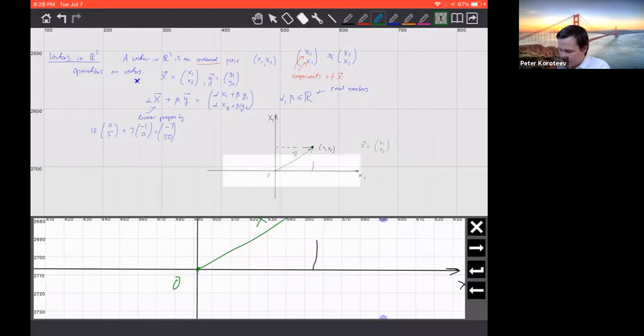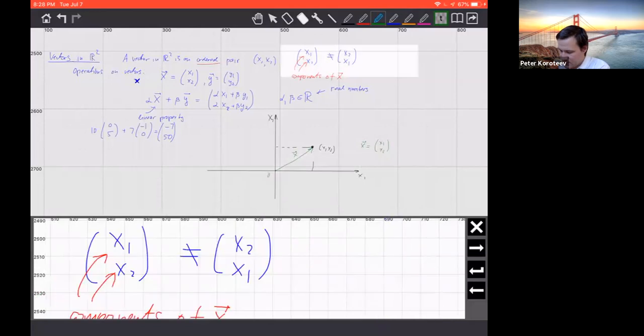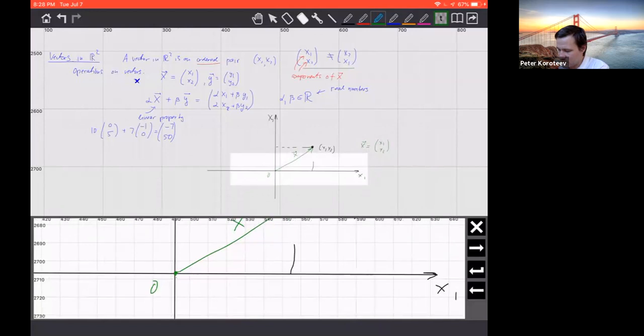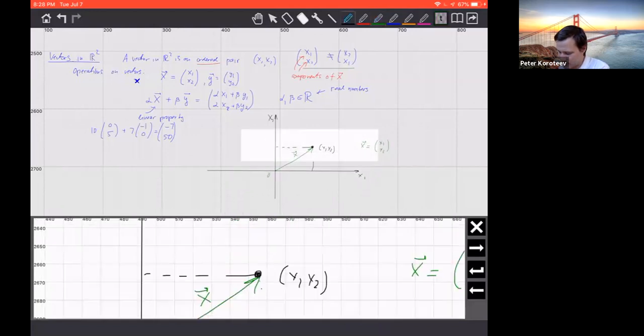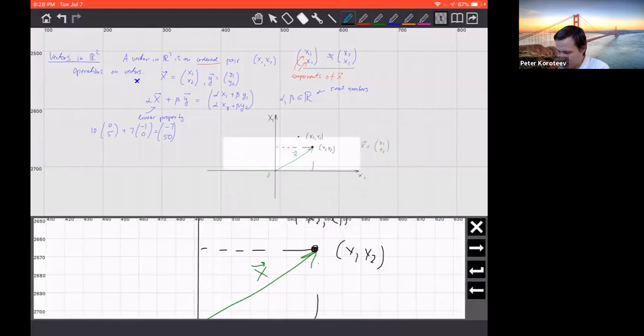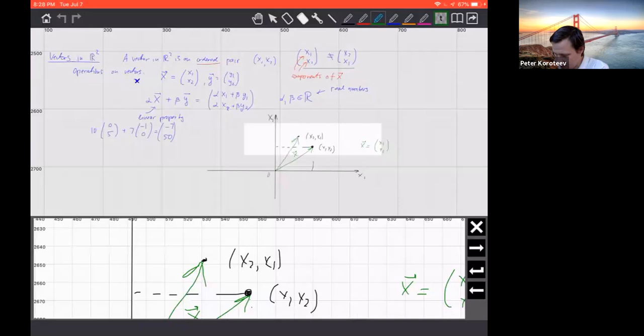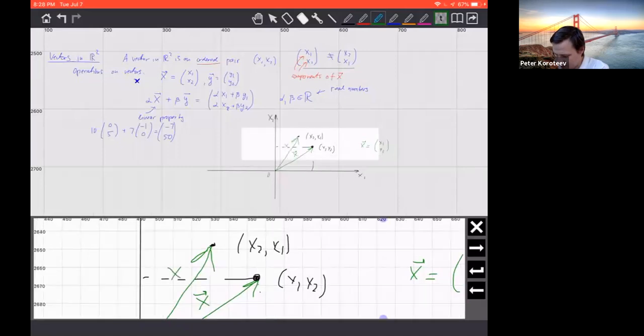It's clear that the pair must be ordered for this correspondence to hold, because if you swap x1 and x2, there will be a different point with coordinates x2 and x1, which will have a different vector associated to it. So it's some other vector, we can call it x tilde.